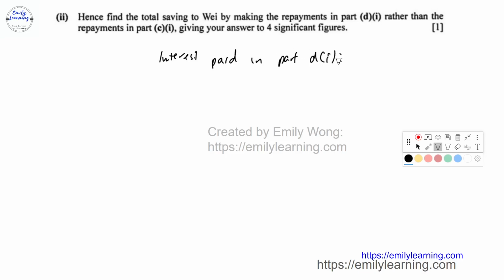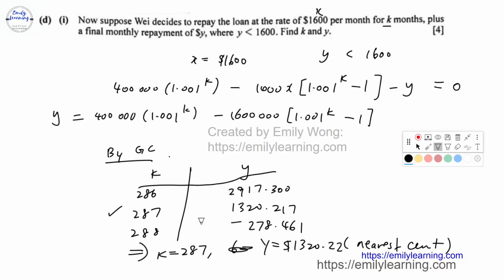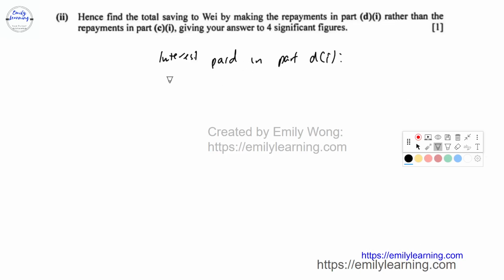So in part D1, the monthly repayment is $1,600 made over 287 months. Then finally, she also paid $1,320.22.